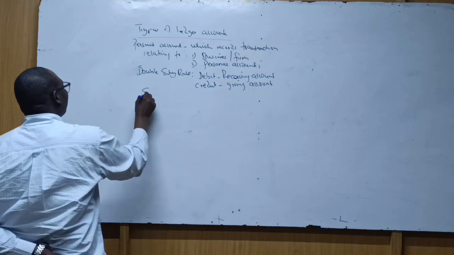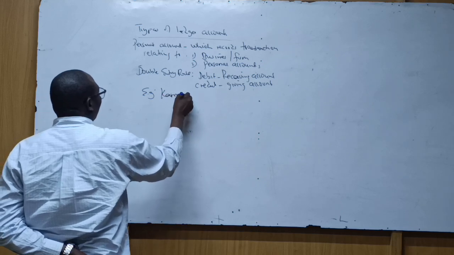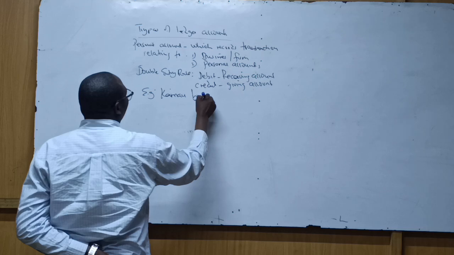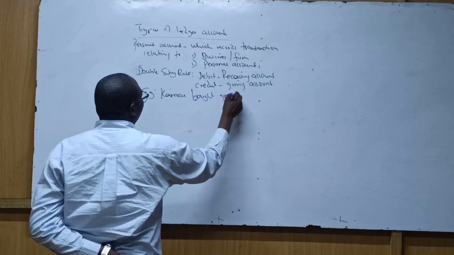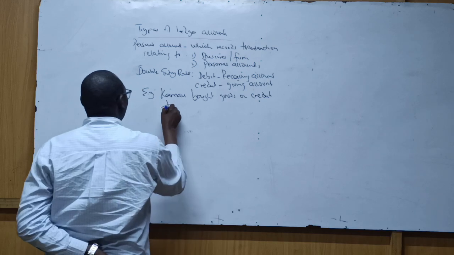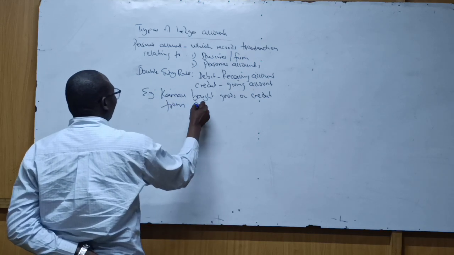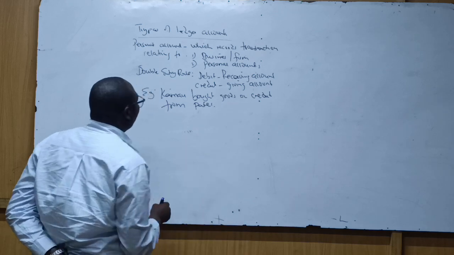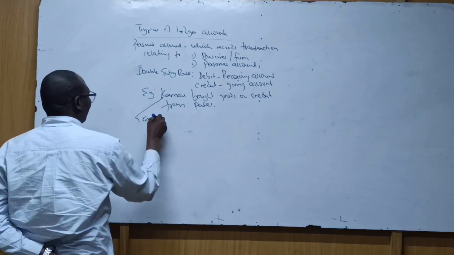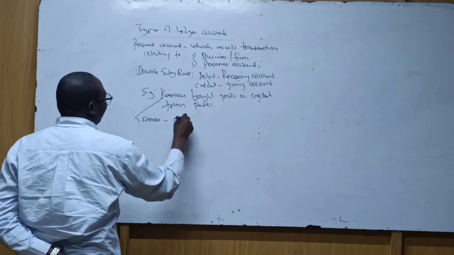For example, Kamau bought goods on credit from Patel. Here, Kamau is considered the owner of the business.